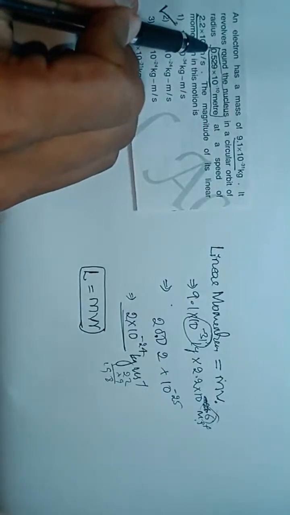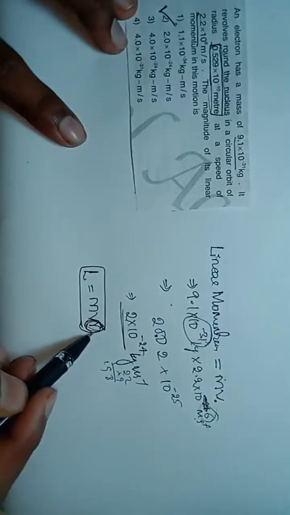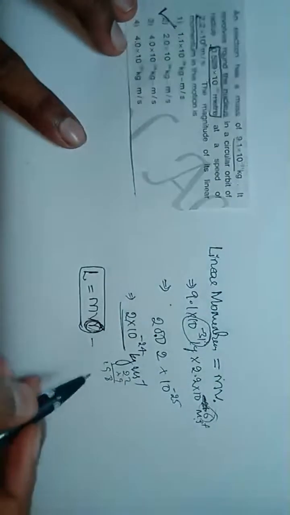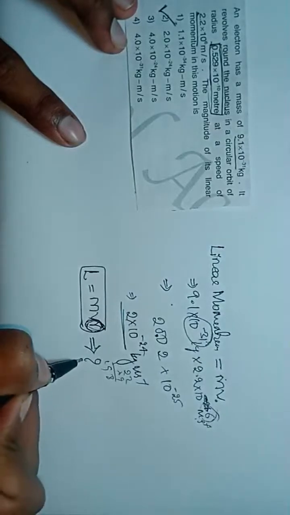They have given the radius here, but they are asking the magnitude of linear momentum, so the radius is not required. If they ask for the angular momentum, we have to use the radius data also. Solve it: what is the value of the angular momentum? It's a classwork for you.